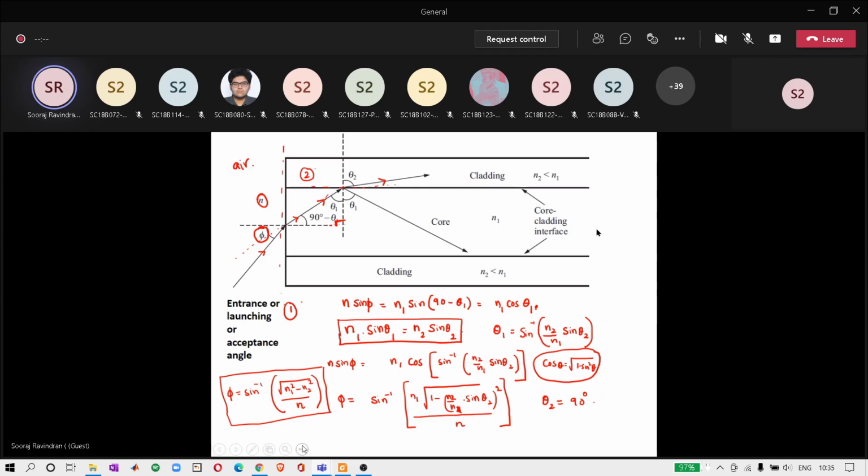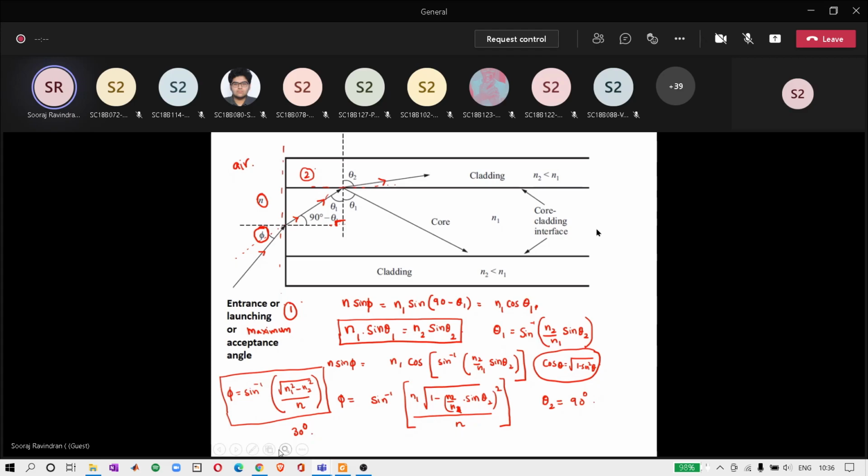And therefore, this angle phi has multiple names. It's called the entrance angle, it's called the launching angle, or it's also called the maximum acceptance angle. So beyond that, total internal reflection will not happen. Let's say, for example, you have an optical fiber and the maximum acceptance angle is 30 degree.